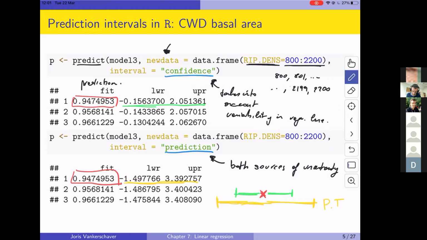This is the prediction interval and the confidence interval. That makes sense because you have more uncertainty in your prediction interval. And in general, it's the prediction interval that we're more interested in, because if we want to predict something, how sure are we about that? How much variability is there on our predictions?